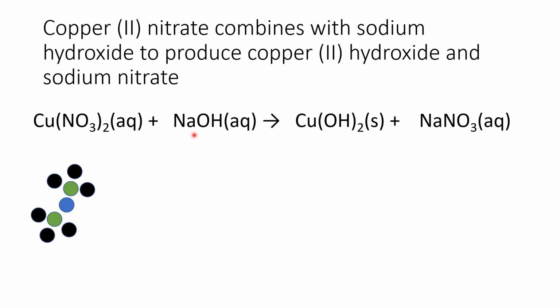And then similarly here, we've got our sodium, which I've done purple here. I'm color coding these so that I can track them on the other side. And then this is going to be our oxygen and hydrogen, so that's our OH. The other side, we've got this copper, right? And we got 2 of these. This is like that OH right there. There's an OH. So we got 2 of those on it. And then we've got a sodium nitrate there.